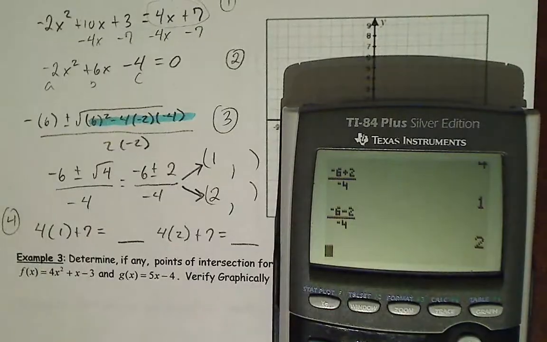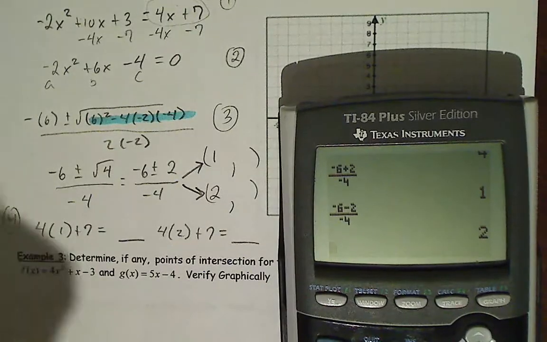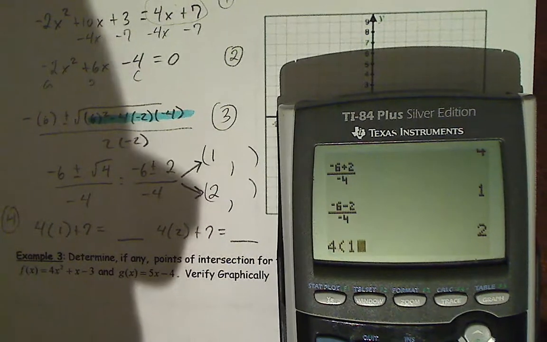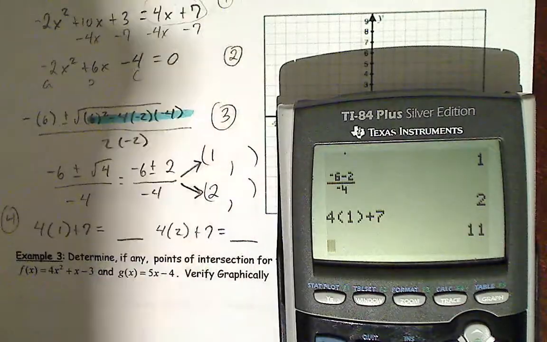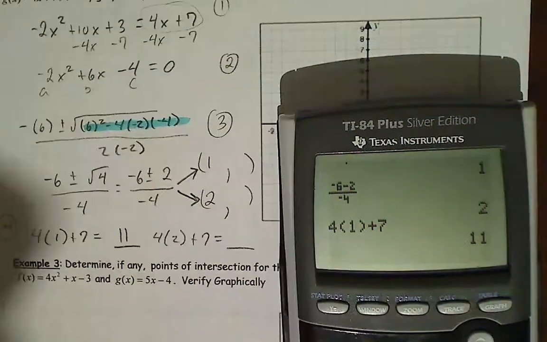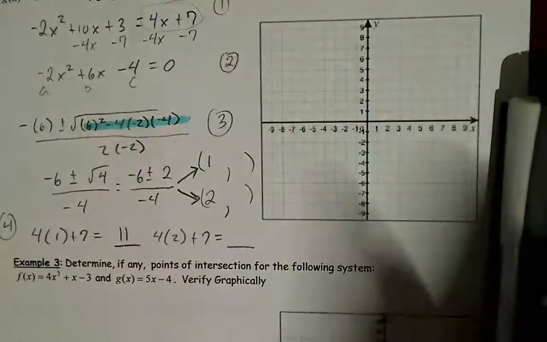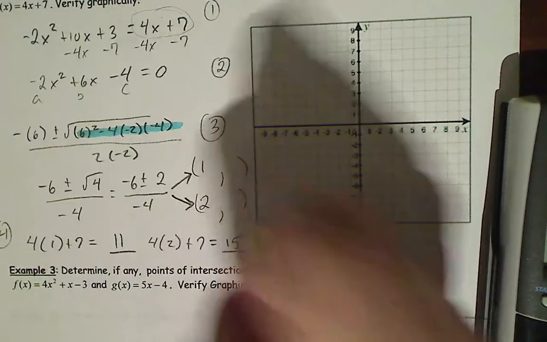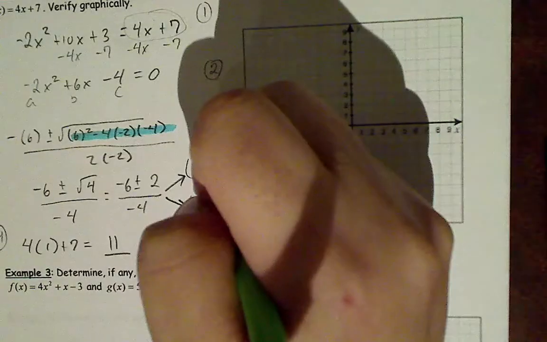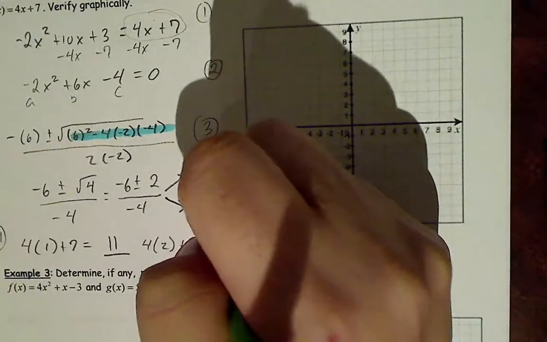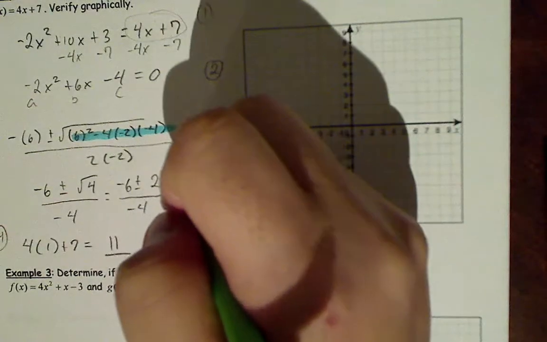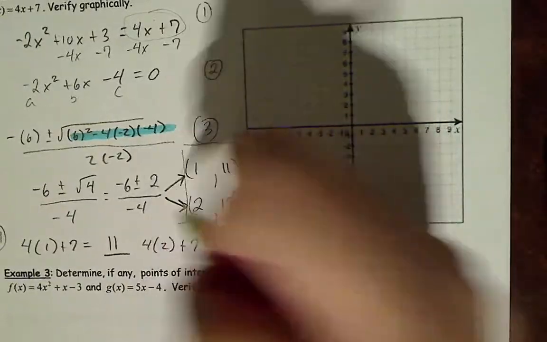And those somethings are the y value that I need. So 4 times 1 plus 7 will be 11. 4 times 2 plus 7 will be 15. Okay. So my solution points will be (1, 11) and (2, 15). And that's what you're looking for. Algebraically, that's it.